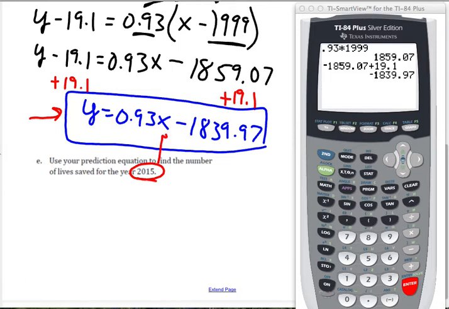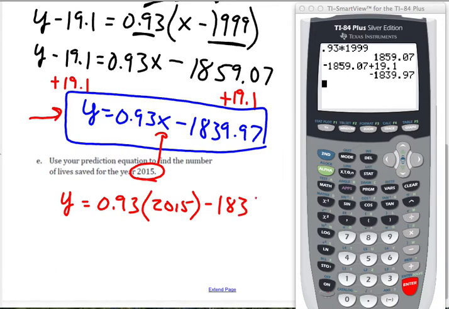Year is X, so I'm going to plug it in for X right there. y equals 0.93 times X, but that's 2015 now, minus 1839.97. So how many lives did we save in 2015?